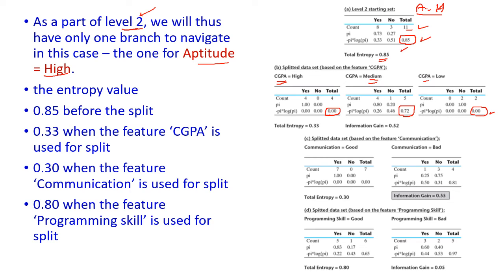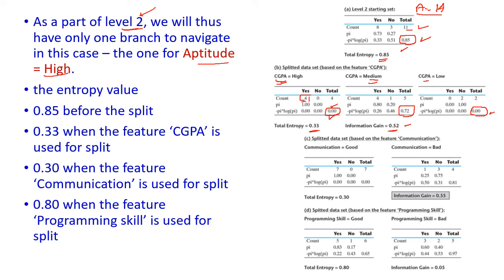That means if CGPA equal to high and aptitude is also high, then every record will fall under only the yes condition. Entropy is 0 here. Now the sum of all entropy is 0.33 and the information gain is 0.52. And this is for CGPA.